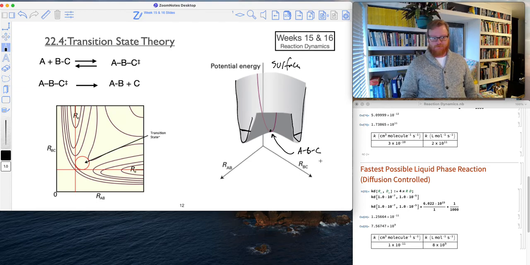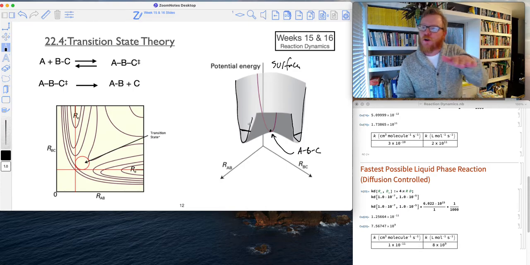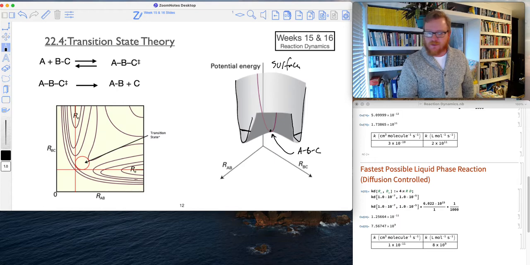All right? And so if we were to flip this curve up like so, like a topography map, it looks something like this, okay? We're now on this axis right here. This is my RAB. And I know it's hard to recognize this, but this would be my equilibrium bond distance for RAB, right? So here's that potential energy well, okay?